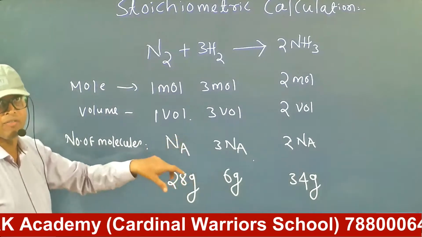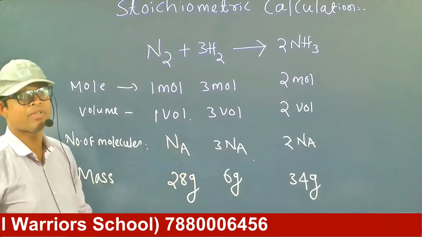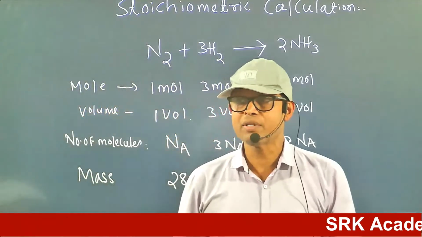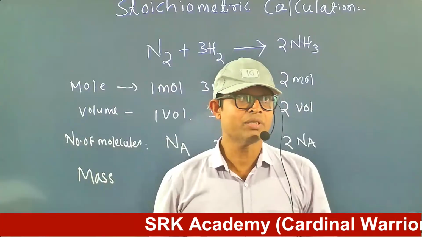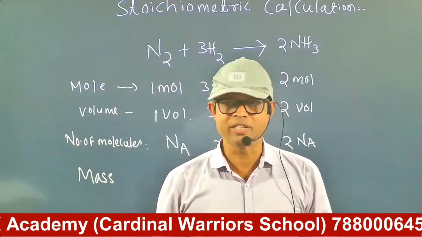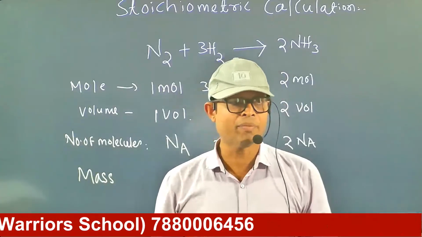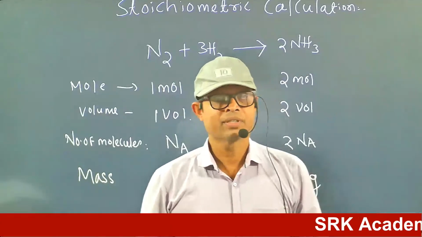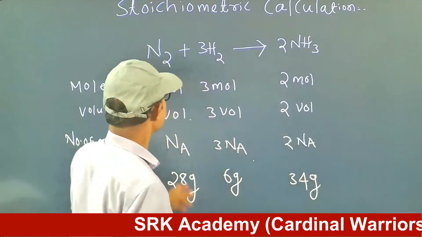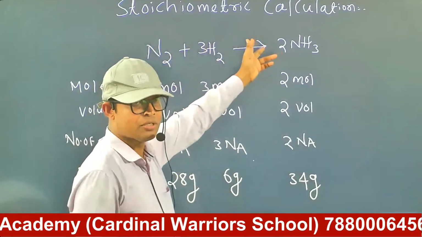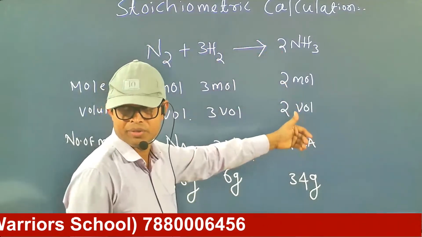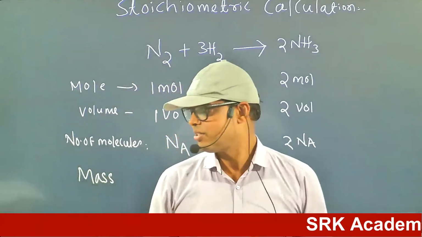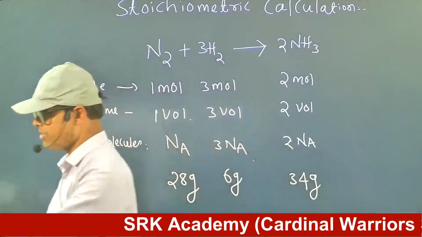And the calculations involving the quantitative relationship between the reactants and the products in terms of number of moles, volume, mass, number of molecules, atoms, etc. are known as stoichiometric calculations. So today we'll solve some of the PYQs, those questions that were asked in NEET. Let's start.